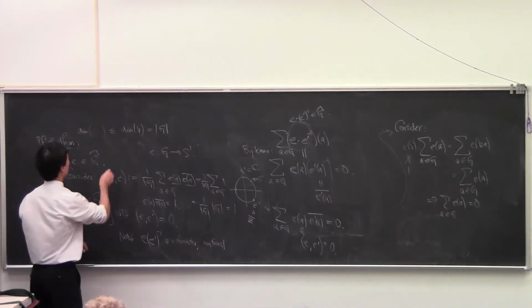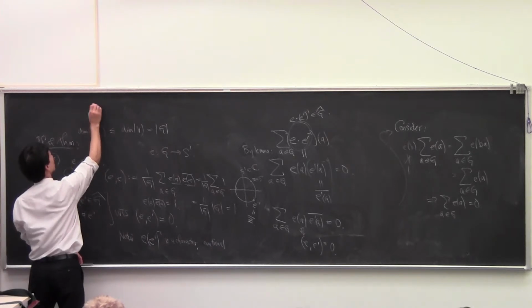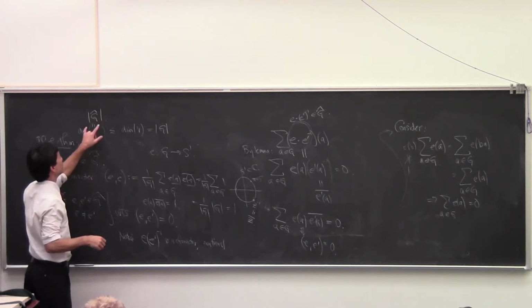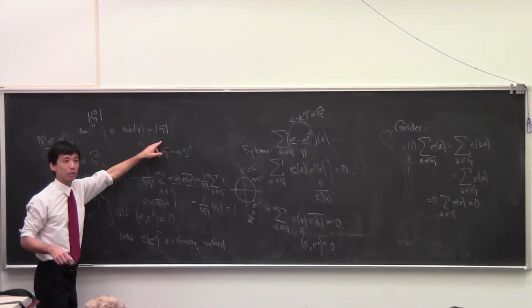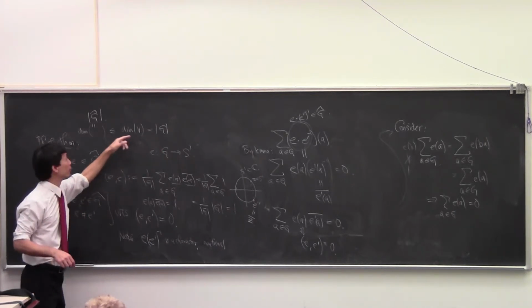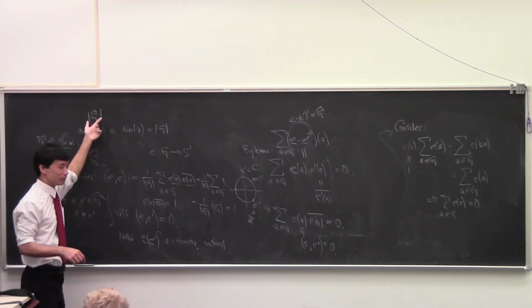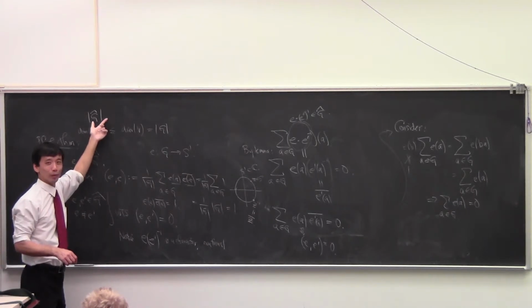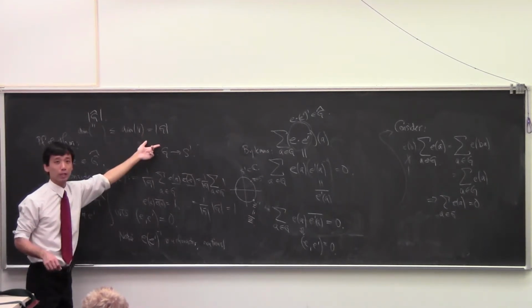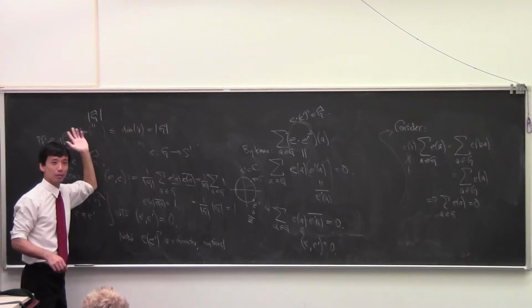We know that the size of G hat must be smaller than the size of G. And what we're hoping for is that the size of G hat is the size of G. Then it would be an orthonormal basis.